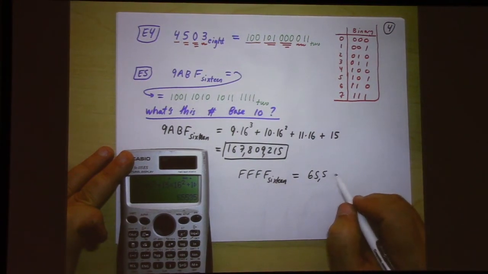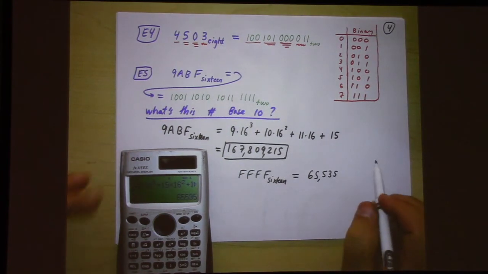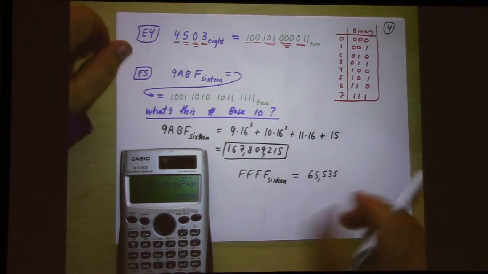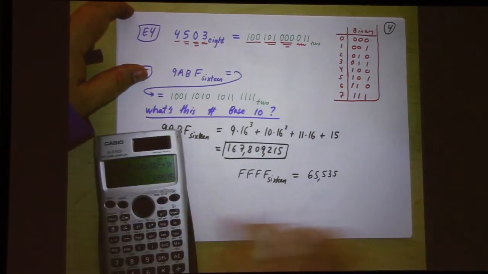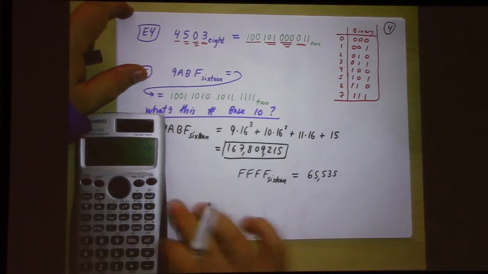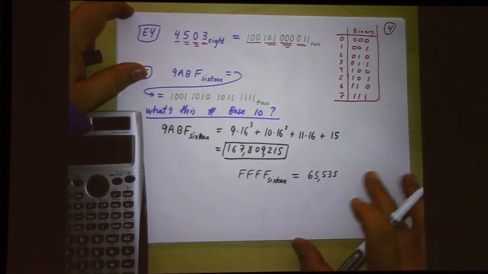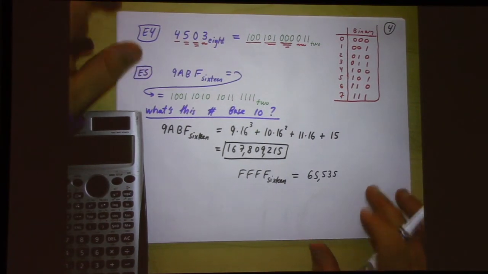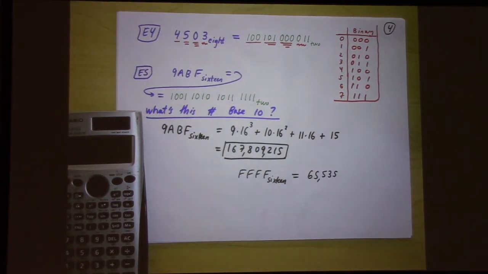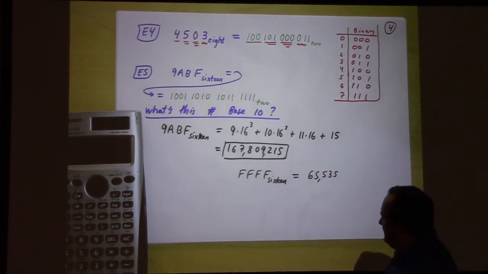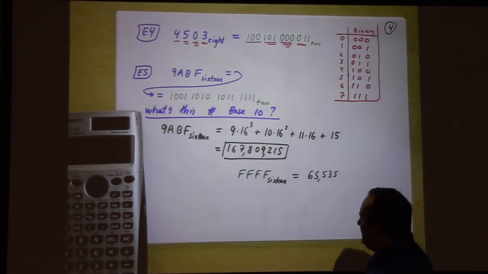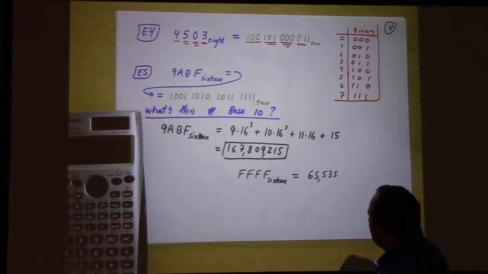Hey. How'd that happen? Hold on a second. Something is not right here. How is it that my biggest number is 65,535 and yet I got 167,809,215? I do believe I made a calculator mistake right here.